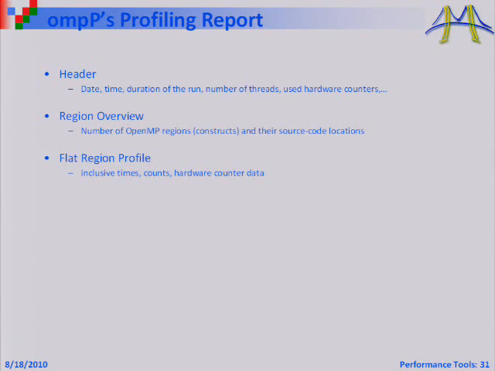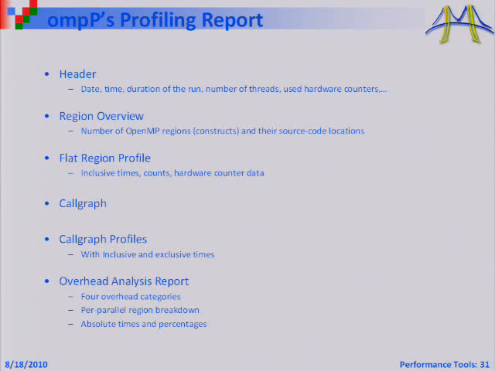It gives you a flat region profile, which just tells you how much time you spend in certain parts of your program. It shows you the call graph or region nesting of your program, so it tells you, for example, the nesting between parallel regions and critical sections and so on. It gives you call graph profiles, which include inclusive and exclusive times. And it tries to do an overhead analysis report.